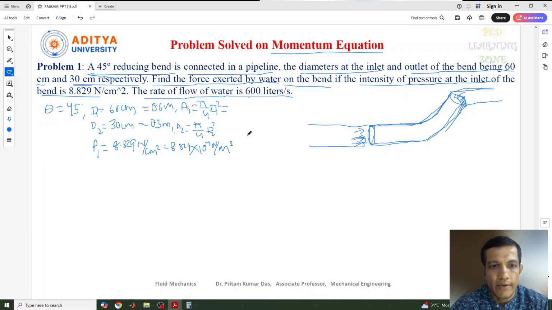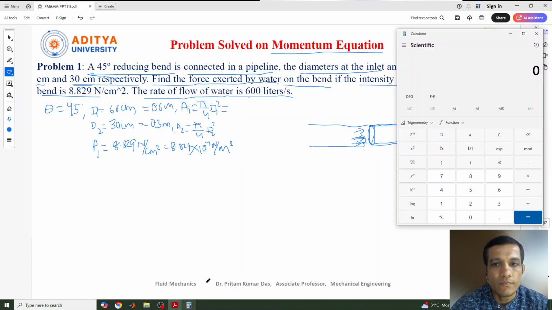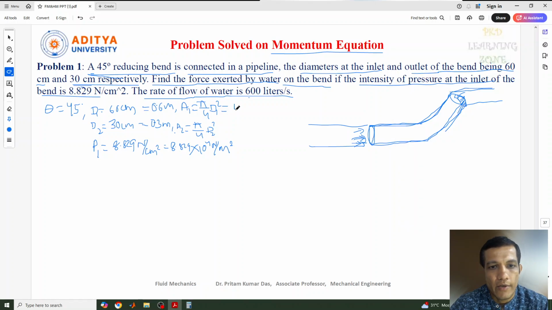The remaining things you can find from here, the area values. Area A1 equals pi by 4, that is 3.14 into D1 square, that is 0.6 into 0.6, whole divided by 4, so 0.2826 meter square.